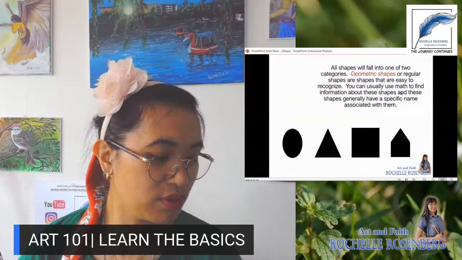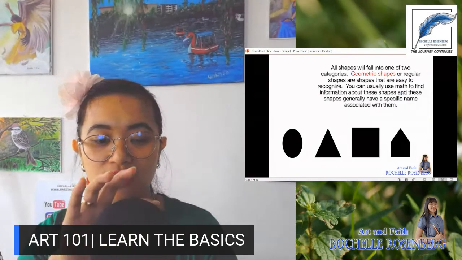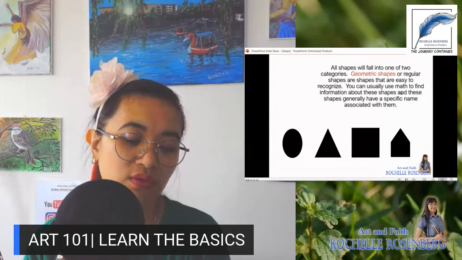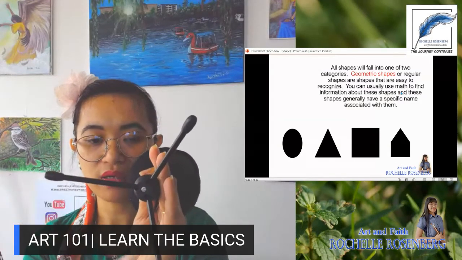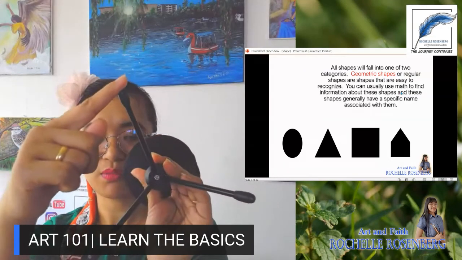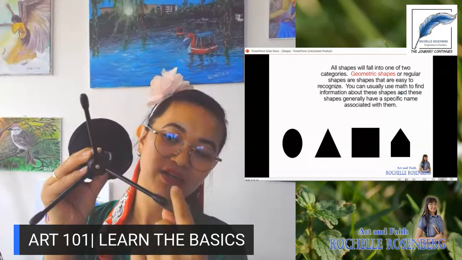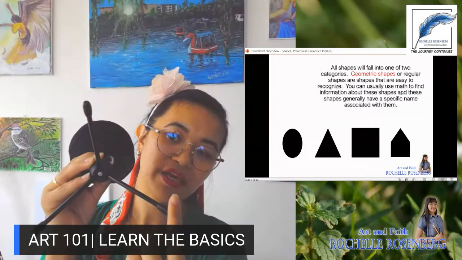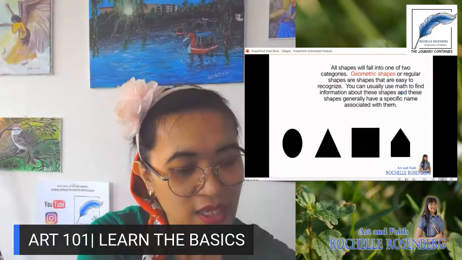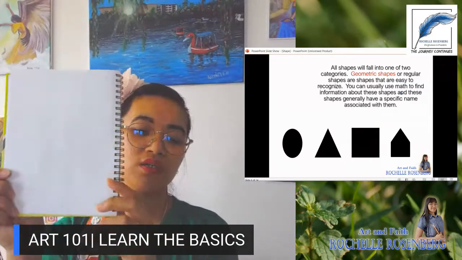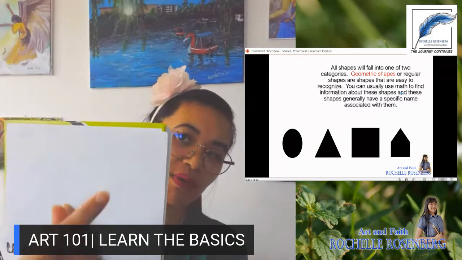Geometric shapes are ones that have a decisive shape. For example, there's a microphone. It has a different shape. It is round, and this one is also a shape. But if we look at this shape, it is a triangle. You can see it from here. It has three sides. And mathematically, this rectangle has four sides.